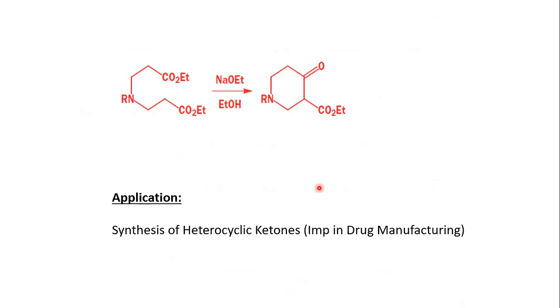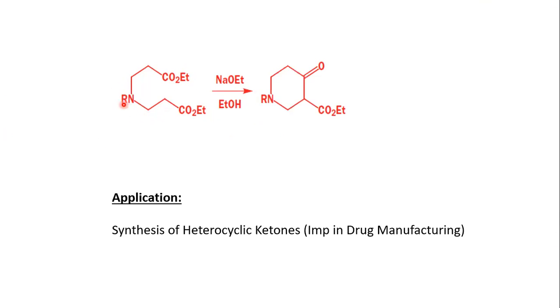And the last, I'm sorry, I just left one part out, which was the application of this Dieckmann condensation. Dieckmann condensation is normally used to form heterocyclic ketones. This is a screenshot of Clayden itself.